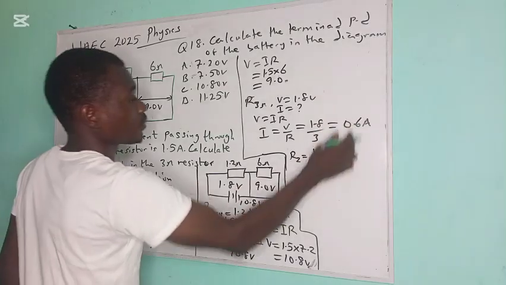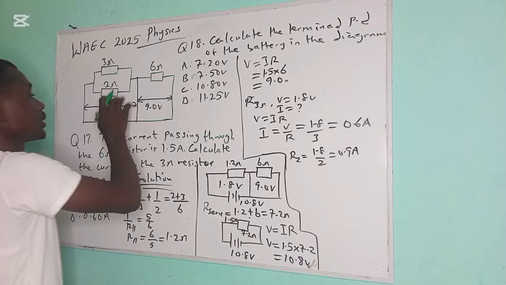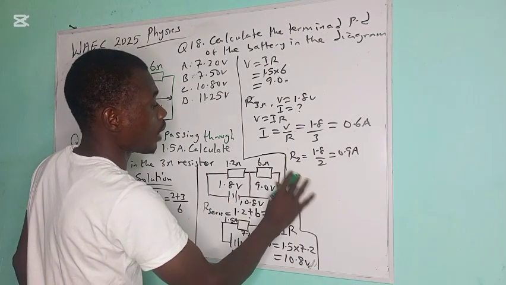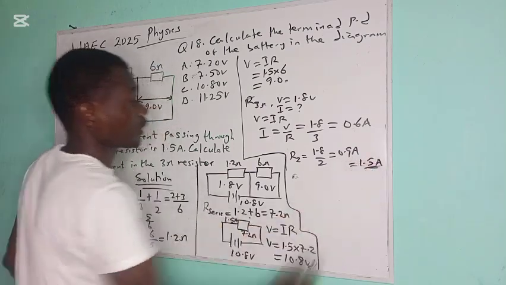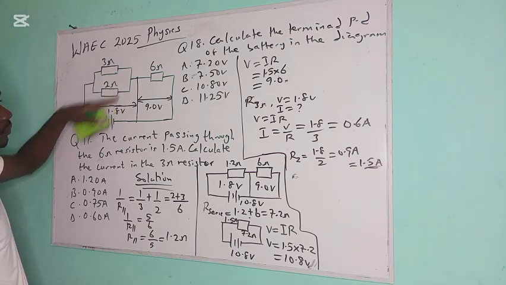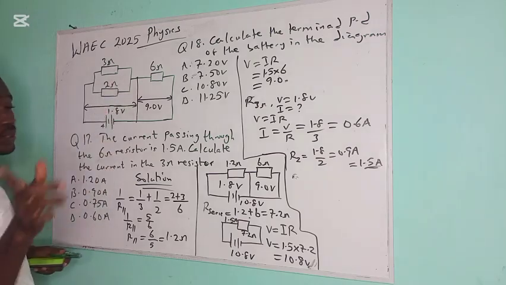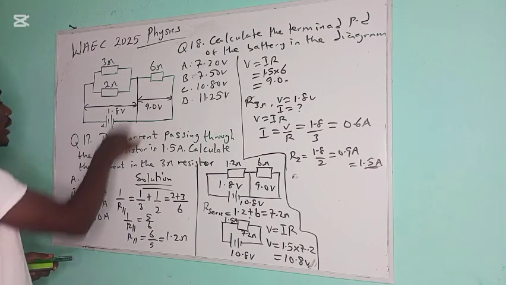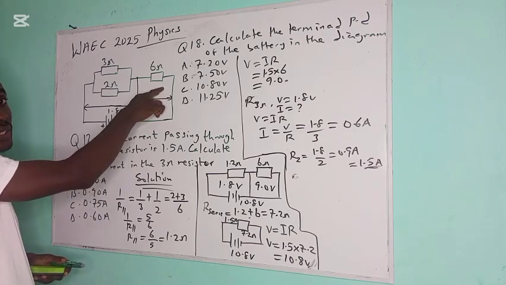If you combine this current with this one, you're going to get 1.5. I'm just explaining it further. And mind you, it is 1.5 that is being supplied through the 6 ohms resistor.